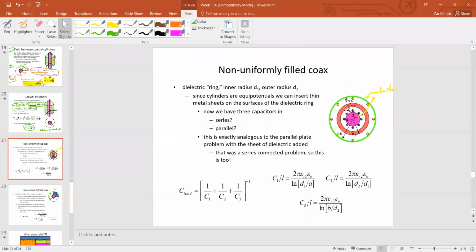But this may occur as a problem because of the oxidation of the coaxial cable. This sort of thing may occur, and it's a problem, and that will change the capacitance of the coaxial cable. Once the capacitance changes, some seriously bad things will occur.